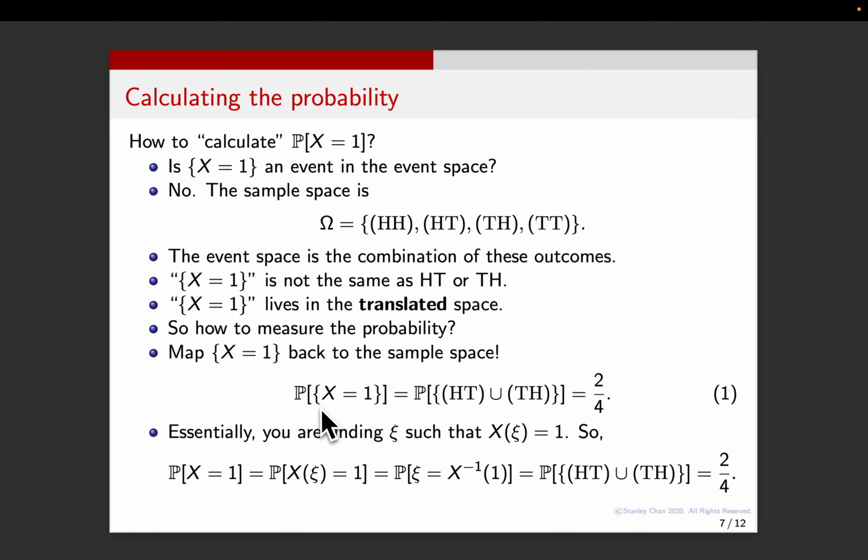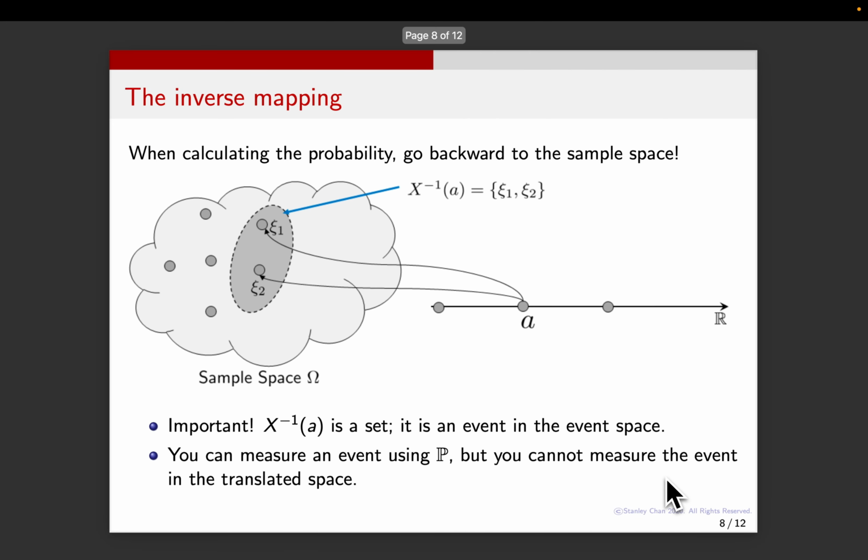So therefore, if you have to write the probability of X equal to 1, you write that set as all the epsilon where X of epsilon gives you 1. So that becomes the probability of HT and TH, that is 2/4. So we said that to calculate the probability, we have to go back in the sample space.